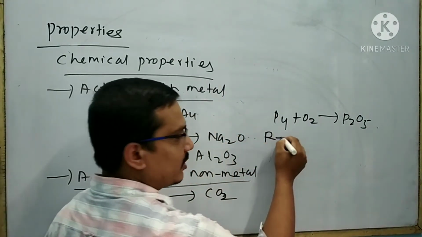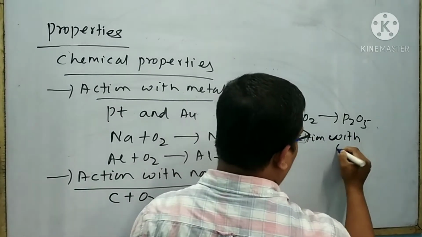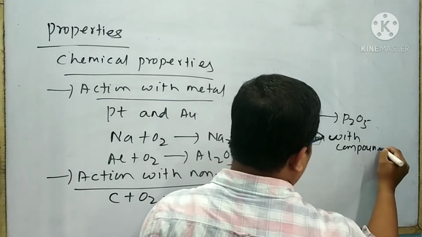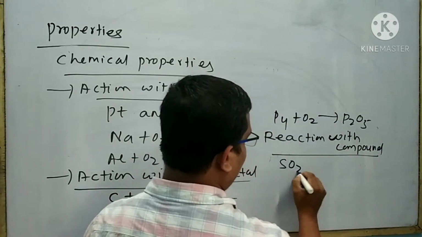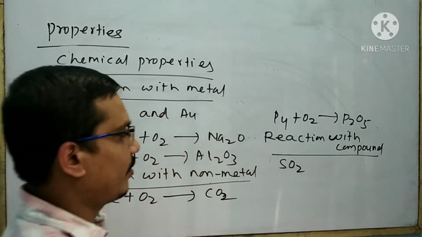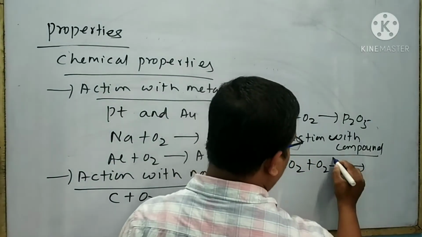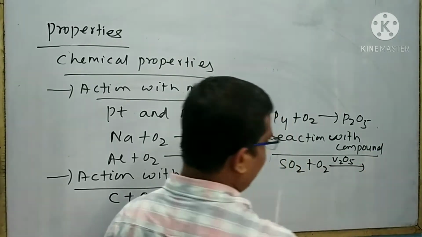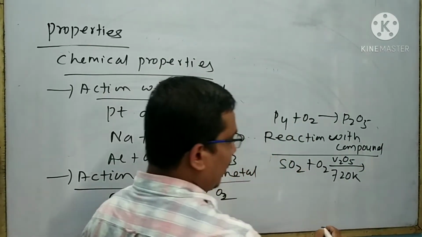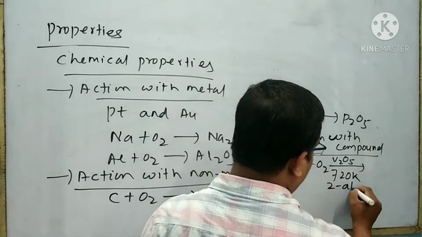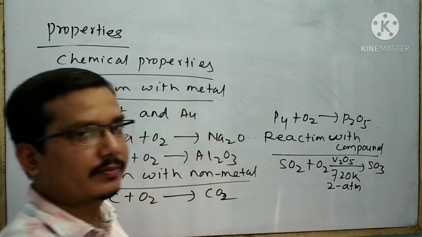Next I will discuss the reaction with compounds. Suppose I take the compound sulfur dioxide. When sulfur dioxide reacts with oxygen in the presence of vanadium pentoxide at 720 Kelvin under 2 atm pressure, sulfur trioxide is formed.